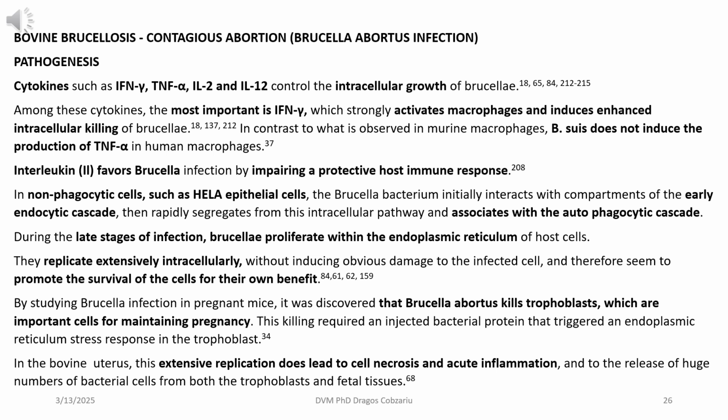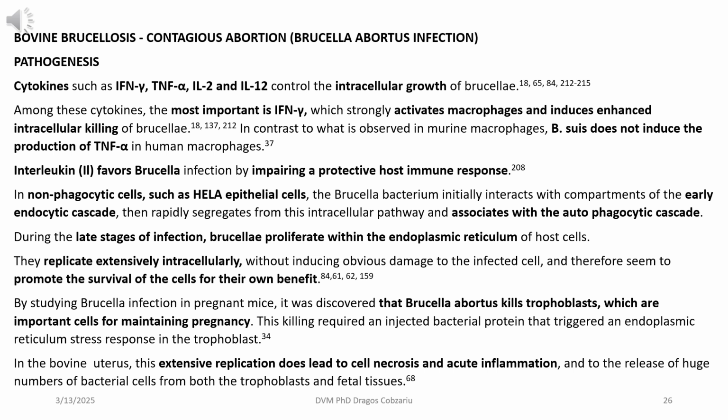Among these cytokines, the most important is IFN-gamma, which strongly activates macrophages and induces enhanced intracellular killing of Brucella. In contrast to what is observed in murine macrophages, Brucella does not induce the production of TNF-alpha in human macrophages. Interleukin-2 favors Brucella infection by impairing a protective host immune response.